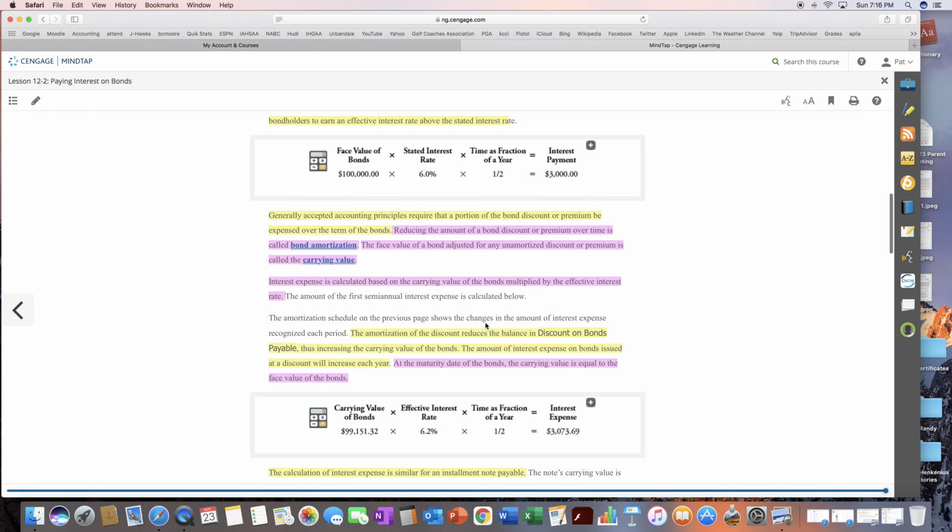Okay. So face value times stated interest rate gives us our payment. The carrying value times the effective interest rate, the one that's set at the time we issue the bond itself, is going to be a little bit different. And this is what we'll be calling our interest expense.